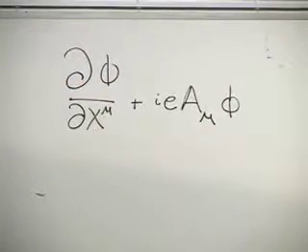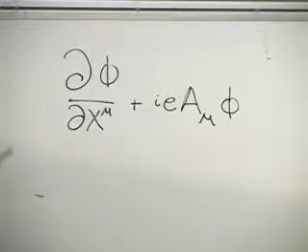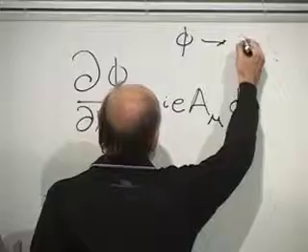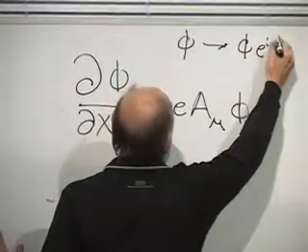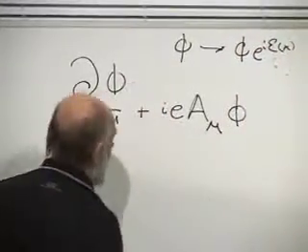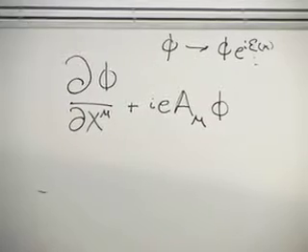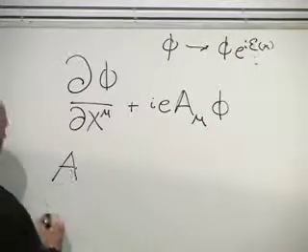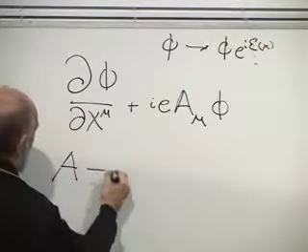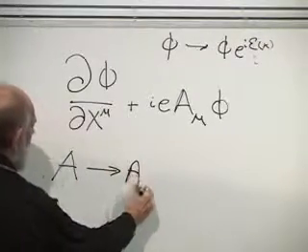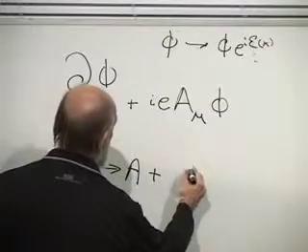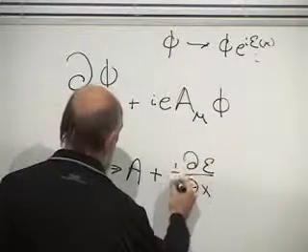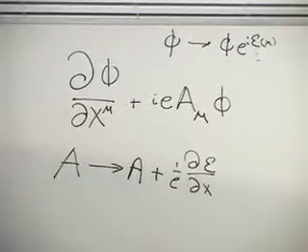If at the same time that we multiply phi by e to the i epsilon of x, we transform A to A plus d epsilon by dx, and I think I should have a 1 over electric charge there.